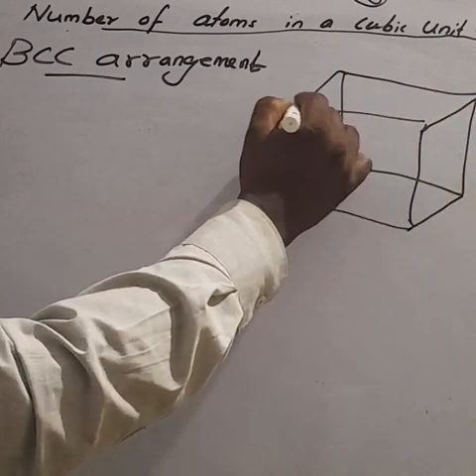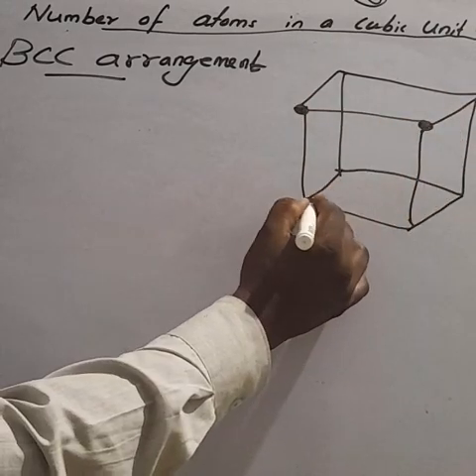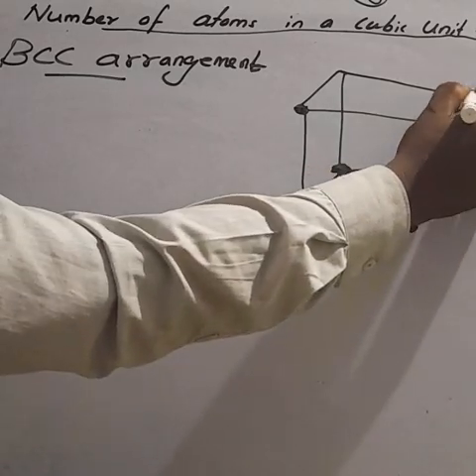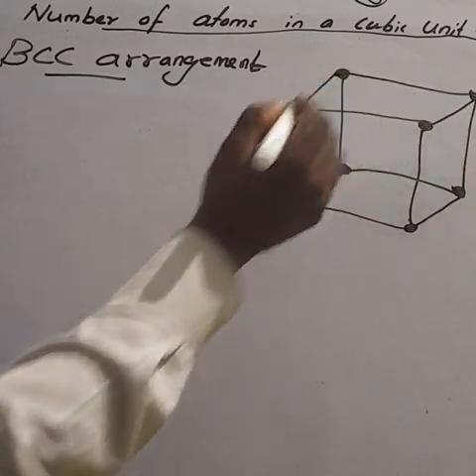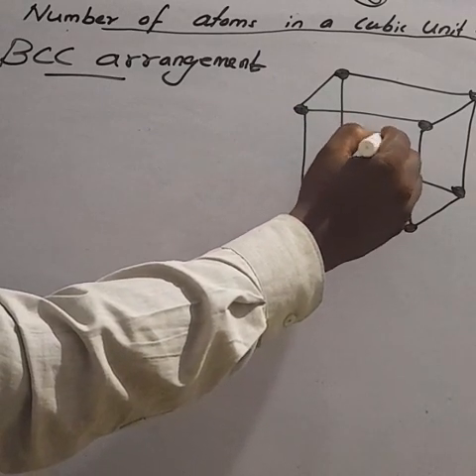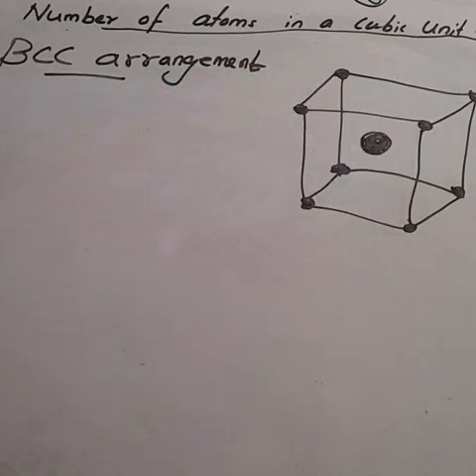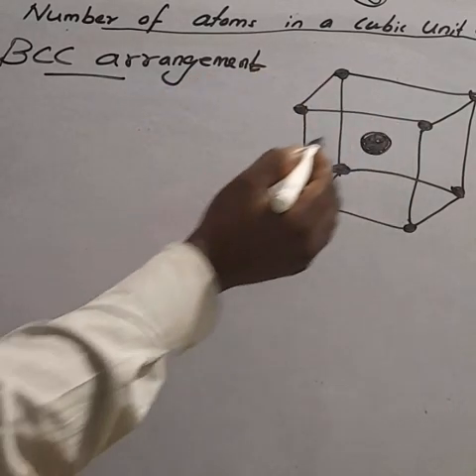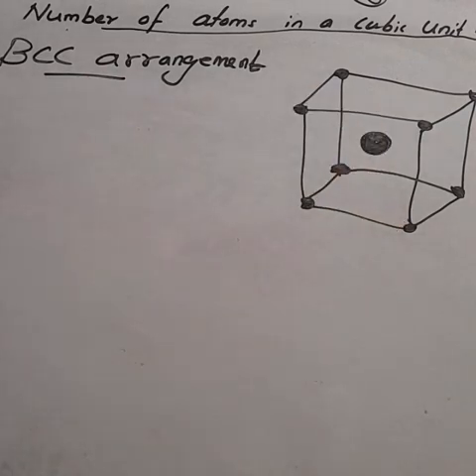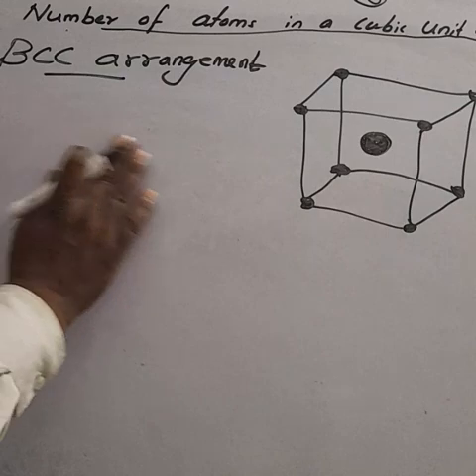Each corner has an atom. Am I right? The center also has another atom. So first, what is the coordination number of this body-centered, BCC, cubic unit cell?